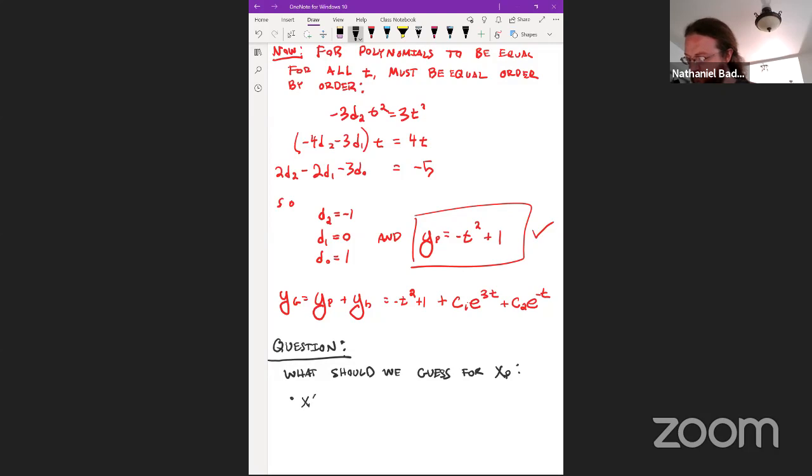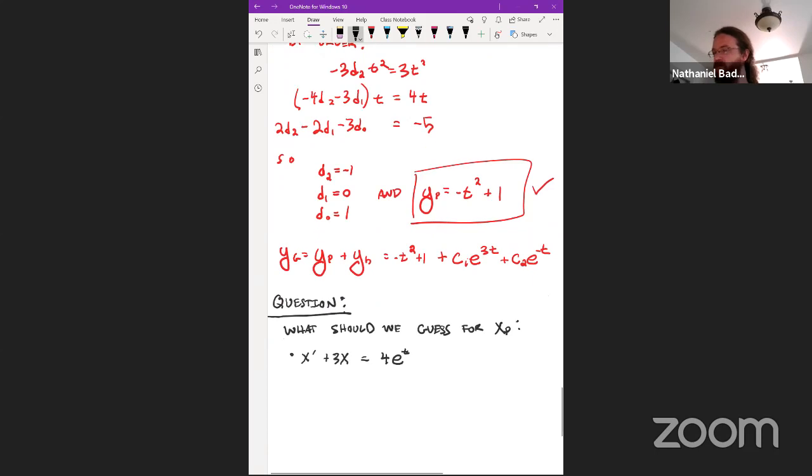If we have x prime plus 3x equals 4e to the t. Take 30 seconds to think about it. Again, the homogeneous part is the left-hand side, the inhomogeneous part is the right-hand side. What should we guess for the particular solution?